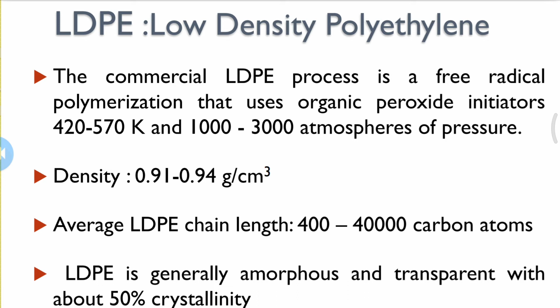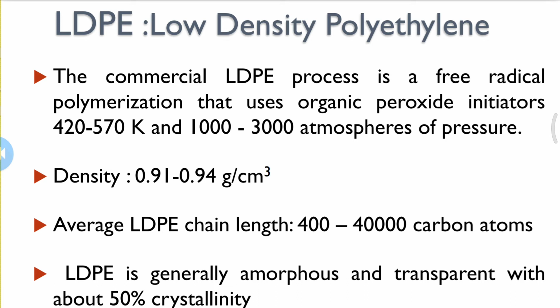So remember that low density polyethylene is prepared using a peroxide initiator H2O2 at 200 degree centigrade temperature or 420 Kelvin at 1000 to 3000 atmospheric pressure.